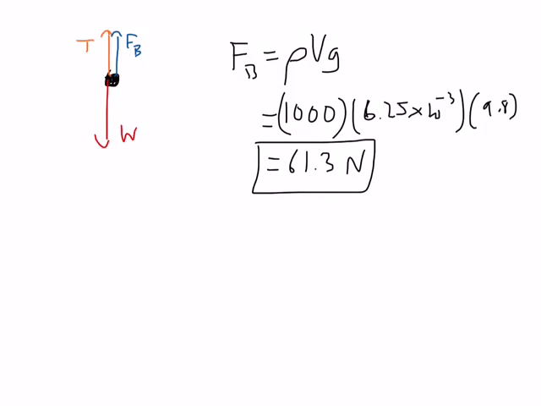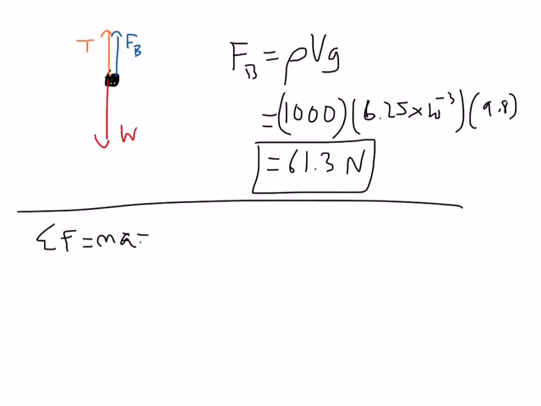So that's part B. Now, for part C, we can actually do that Newton's law stuff, right? The buoyant force is a force that we know a bit more about, so we can start with that without using Newton's laws, and then we can find tension using the process of elimination. So for part C, Newton's second law tells us the sum of the forces equals mass times acceleration. In this case, it's not accelerating, so it's equal to 0. The tension is up, the buoyant force is up, and the weight is down, right?